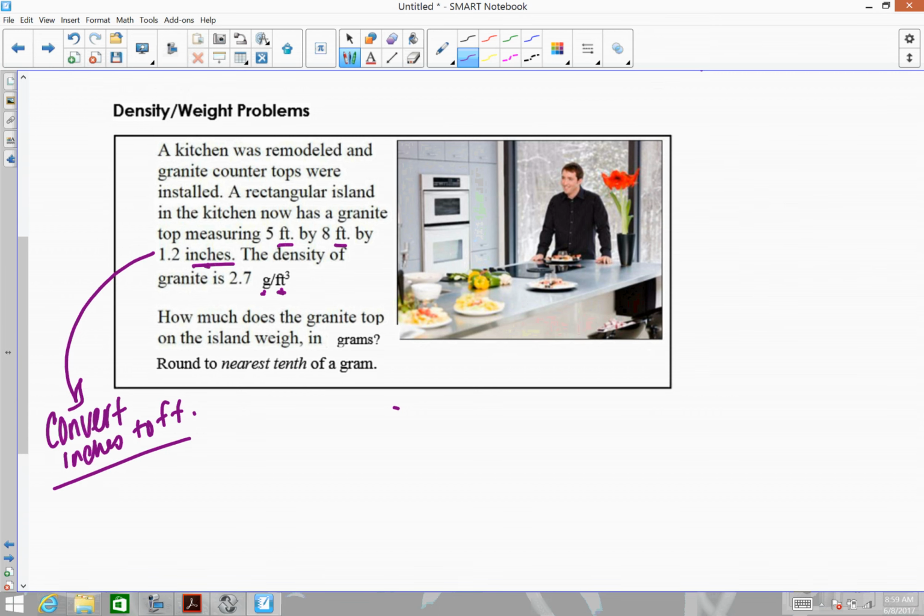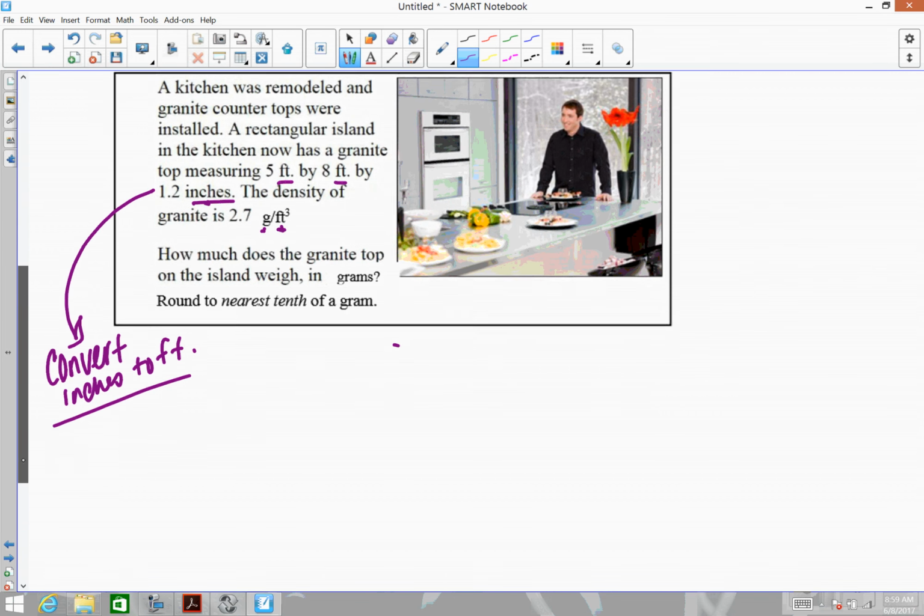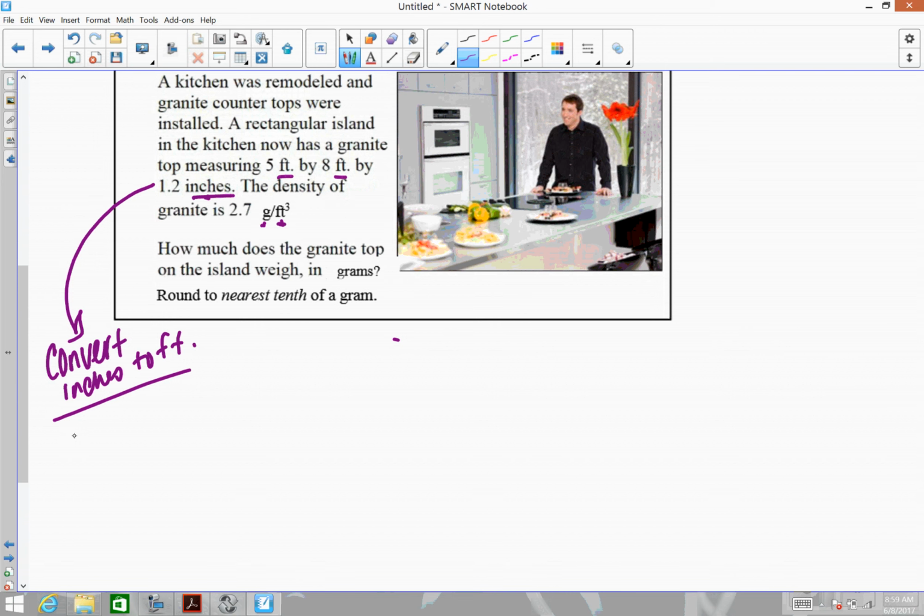Some of you just know how to do this, but the other thing is just think of your conversion. So 1 foot equals 12 inches. You don't know the number of feet, and you know that you have 1.2 inches. So you just make sure your units are lined up, and then you just cross multiply. You don't really need to carry the units because they're already lined up, so they'll take care of themselves.